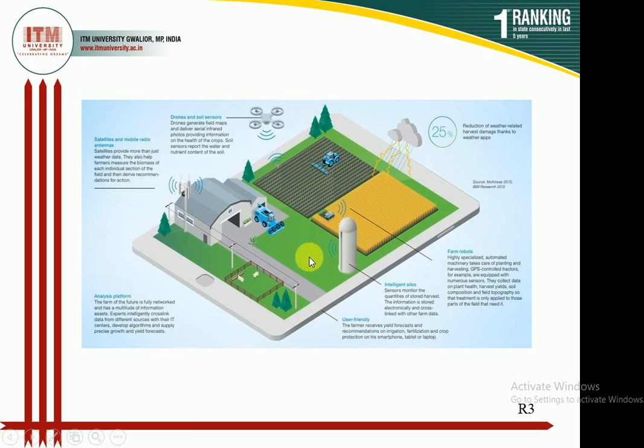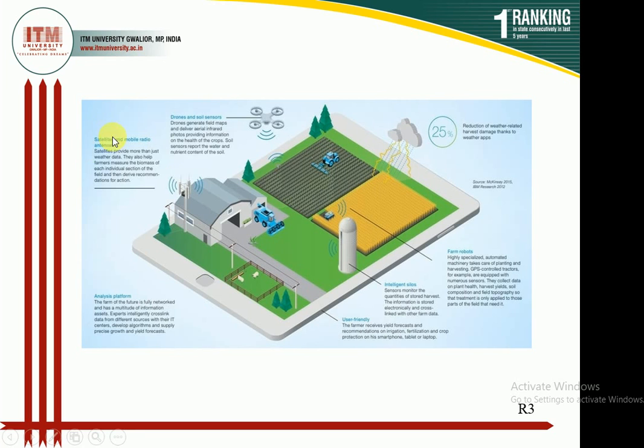This is a pictorial view of how modern techniques like geoinformatics help in precision agriculture. There are various drones and sensors. Drones help in detection of insect pest infestation and the perfect time or growth stage of the plant.